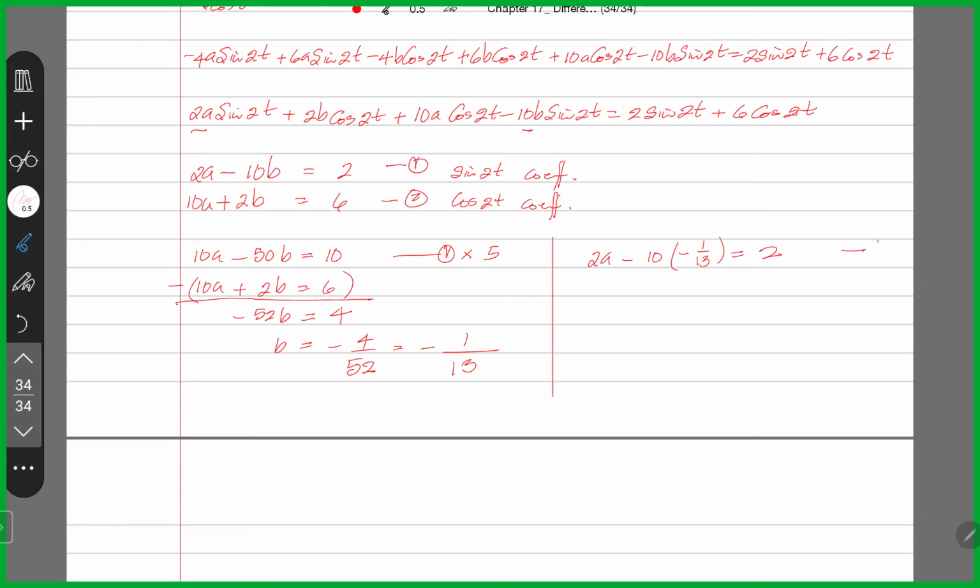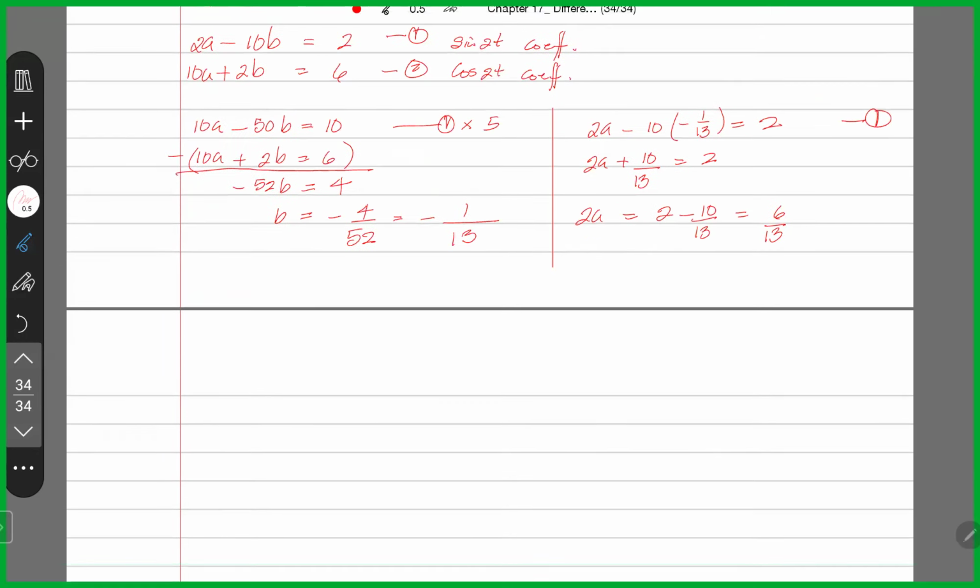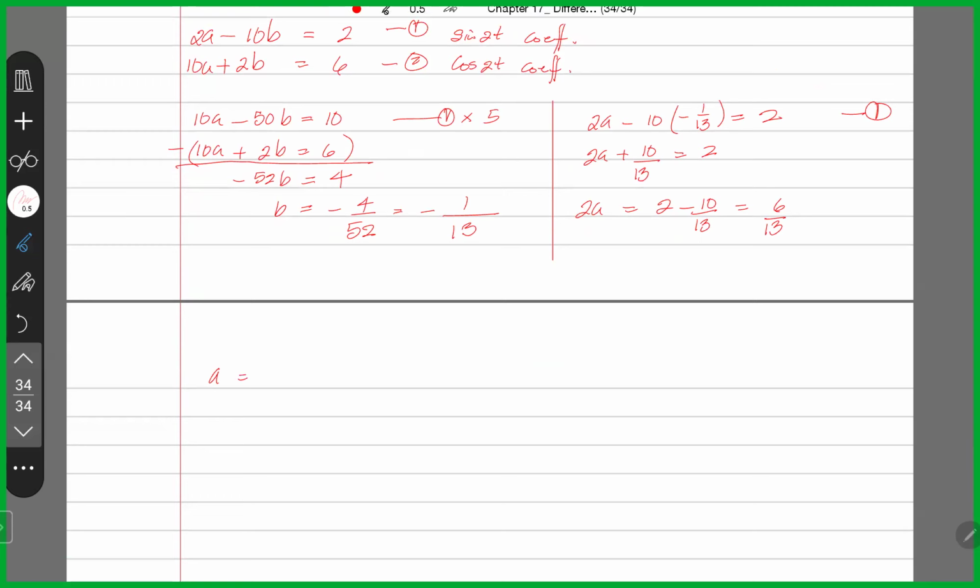We're going to get 2A plus 10 over 13 is equal to 2. 2A is equal to 2 minus 10 over 13. I think this is going to work out to be 6 over 13. And A, if we divide both sides by 2, would be equal to 3 over 13.